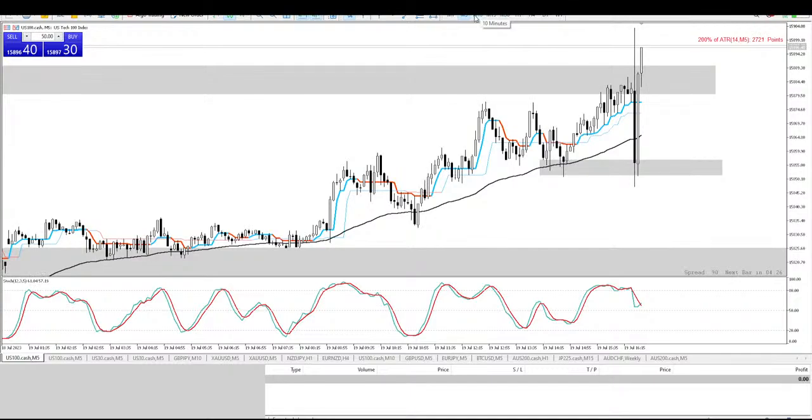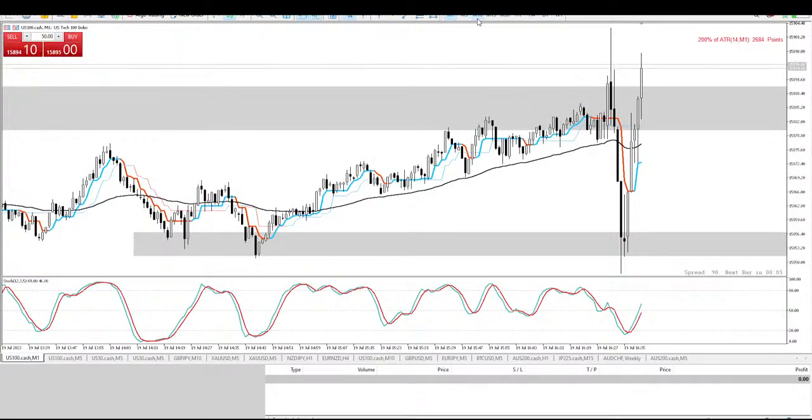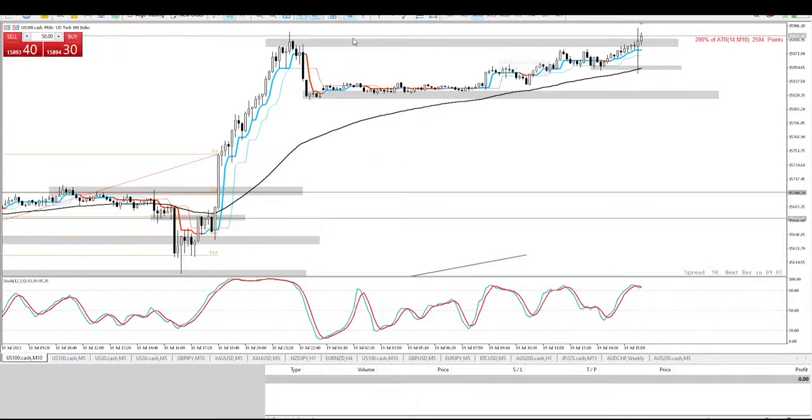Okay, let's see. We could go for the long right now, but let's just wait and get some more confirmation here. It's just too choppy at the moment. Can just extend the zone a little bit.